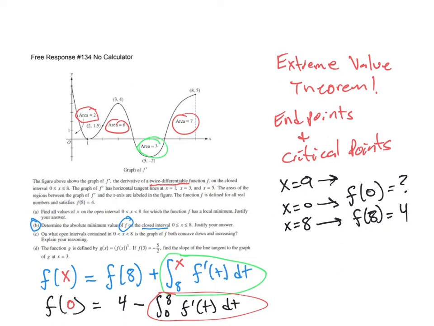This area of 3 is below the x-axis. So when you add those up, that's going to be a negative. So you'll compute this accumulated area here. Remember, we're going from left to right. So add them up in this direction. And then you'll do 4 minus whatever that number is. And that'll be f of 0.